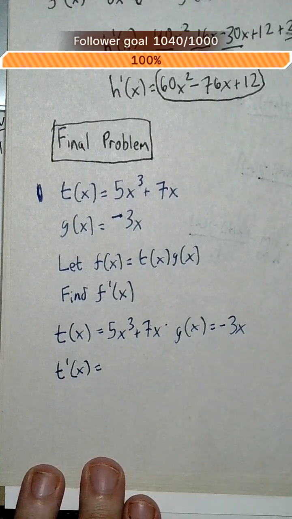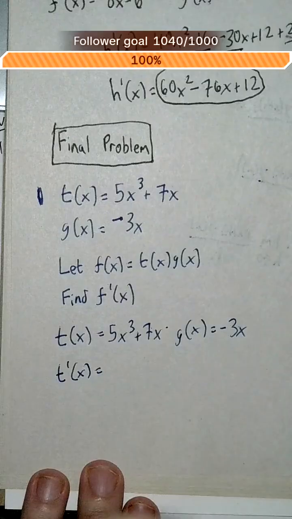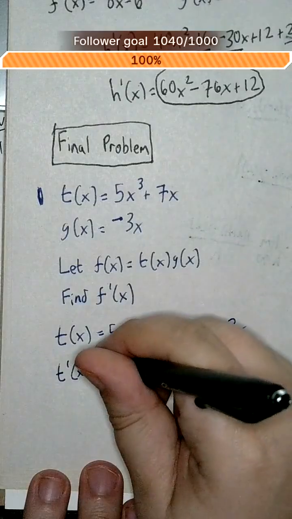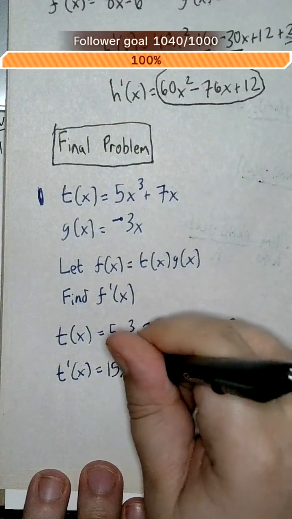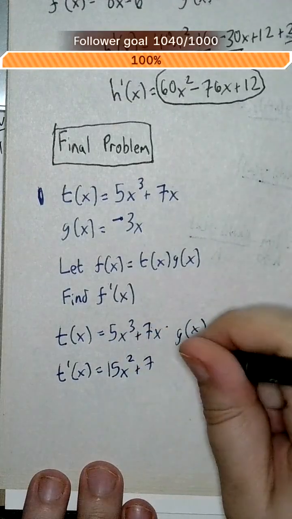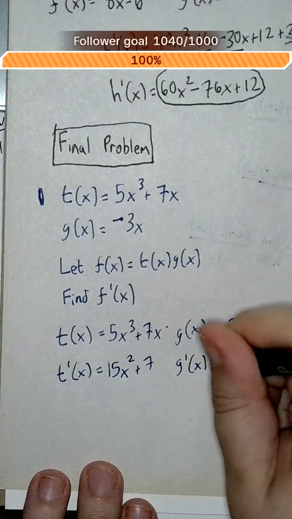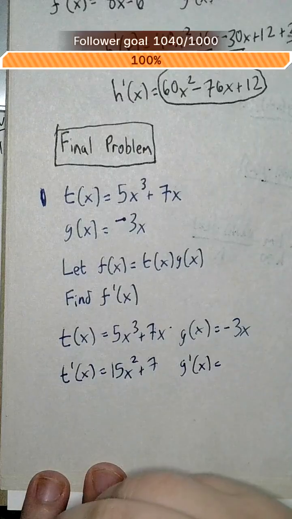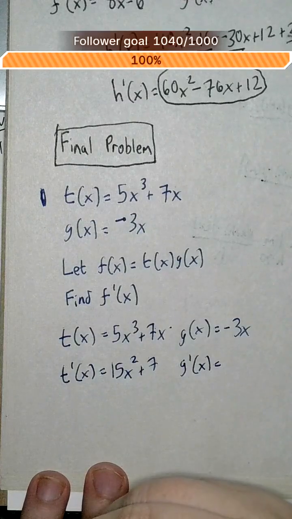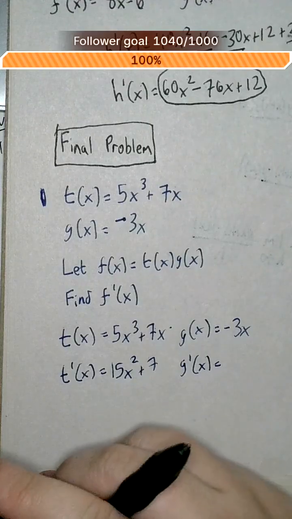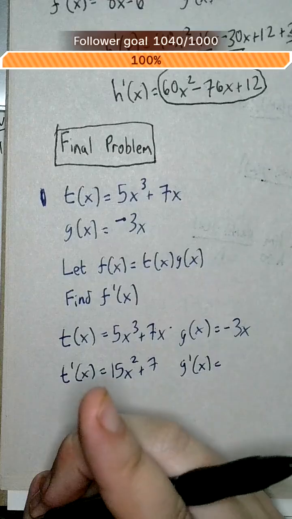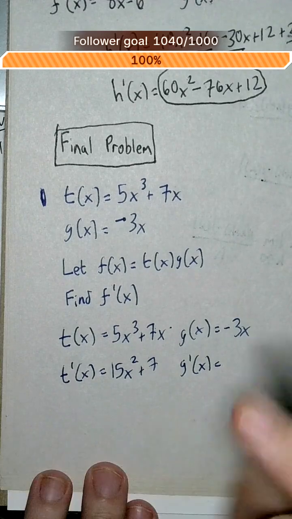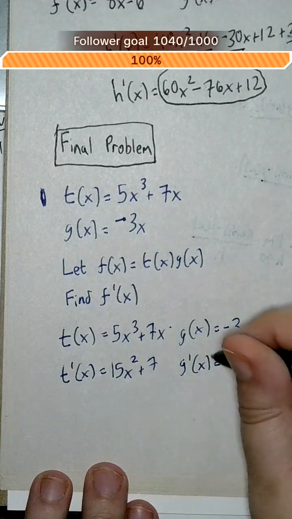That's right, it's 15x squared plus 7. And how about g prime of x? Doll says negative 3. Nope, you're right the first time. It would be negative 3.